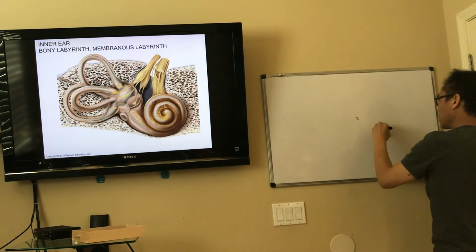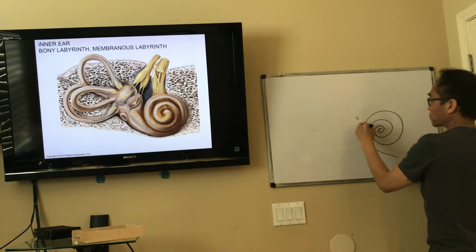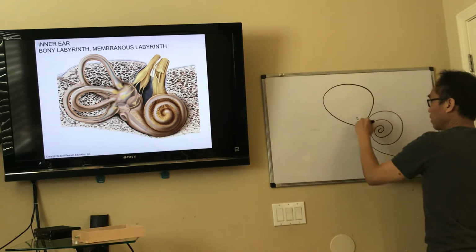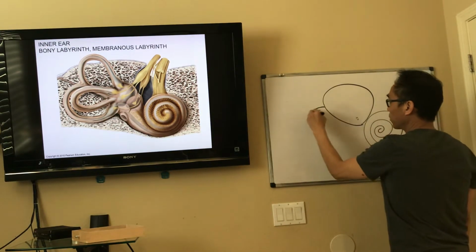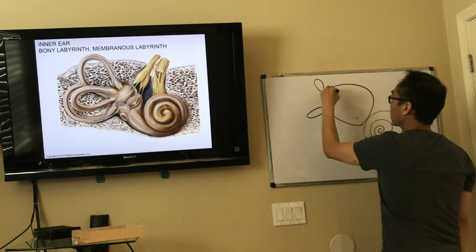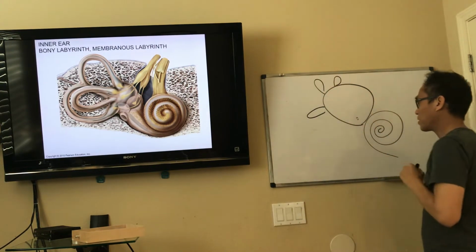So the cochlea is this kind of snail-looking thing, and it has this big vestibular part with these three semicircular canals.